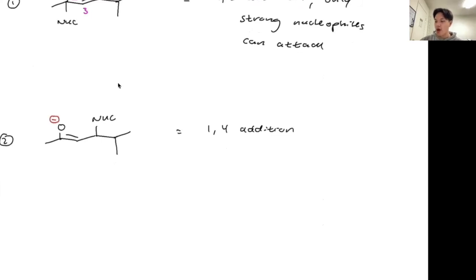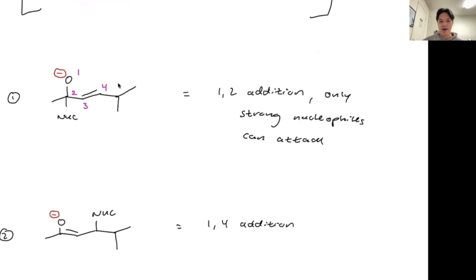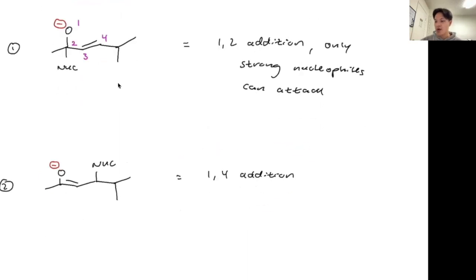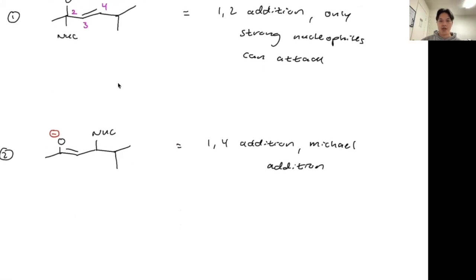This can happen with, and this is what we're going to see, our enolates, right? Because even though they're carbon nucleophiles, they're very hindered by the groups that they have. So we're going to see this 1-4 addition, and this 1-4 addition is called a Michael addition, right? So let's see an example of a Michael addition.